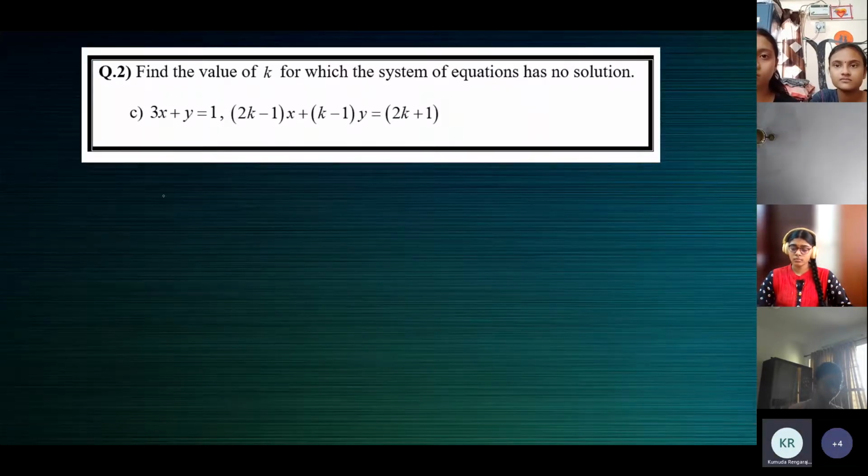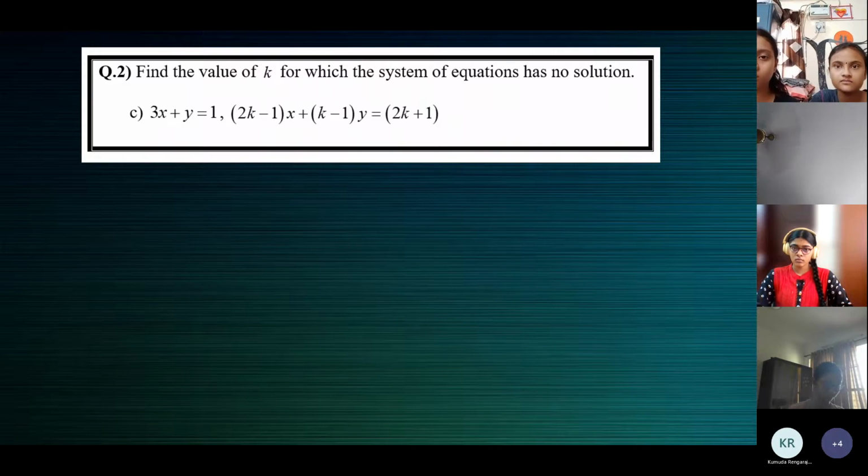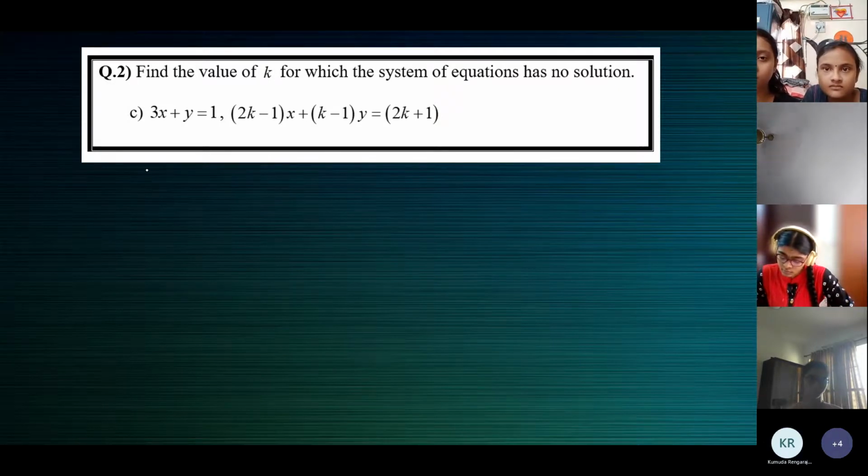Now tell me both the equations in the standard form. This is the first equation, 3x plus y is equal to 1. How do we put it in the standard form?